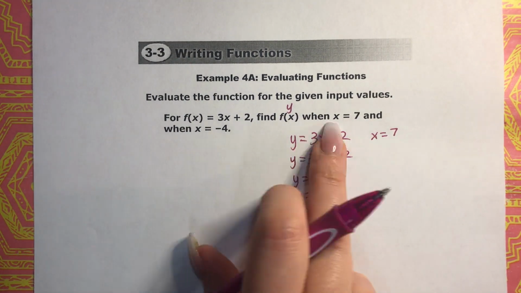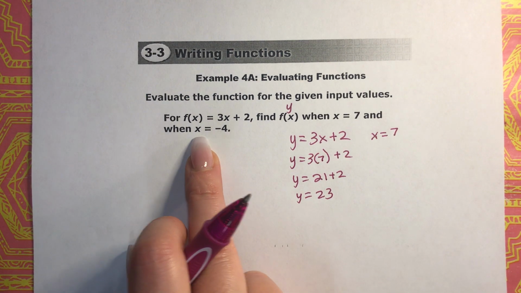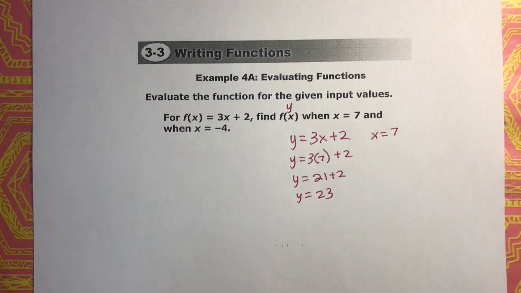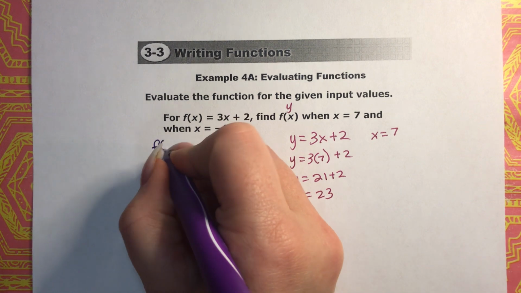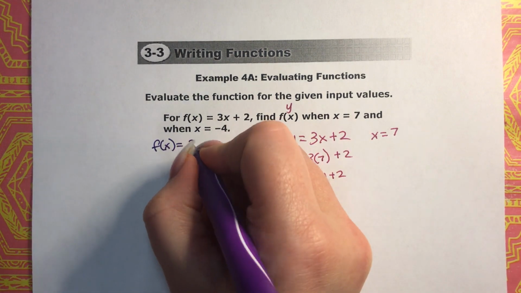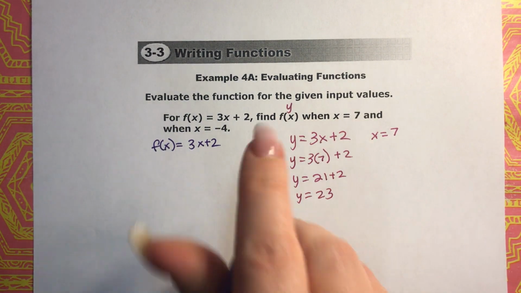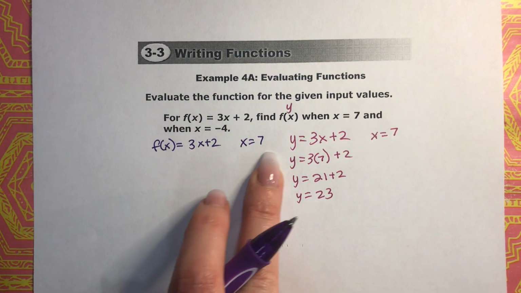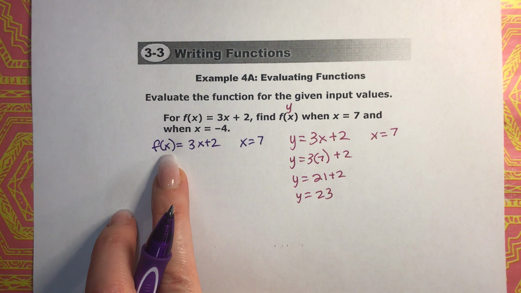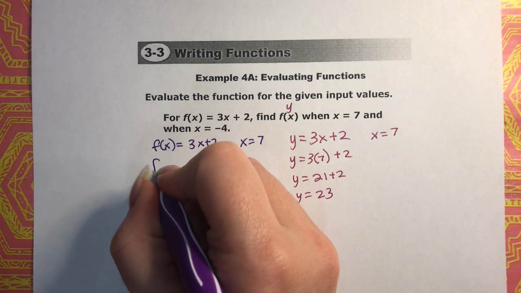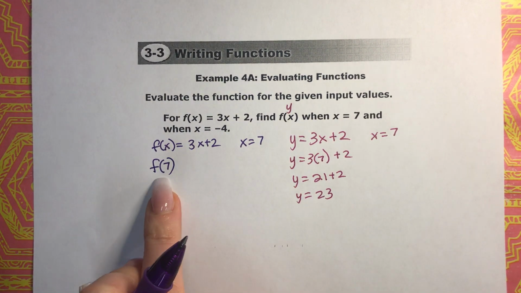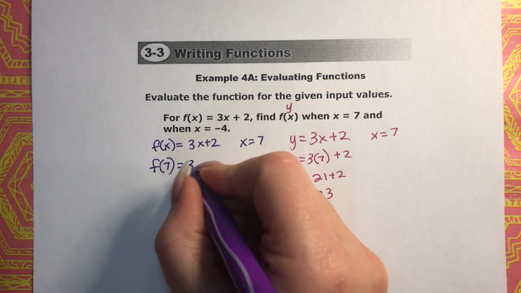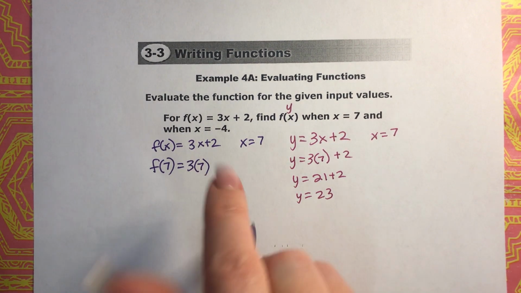We do the same process here when we're dealing with functions. We have our function notation here, f of x equals 3x plus 2, except we're going to figure out what f of x is when x equals 7. So we substitute 7 in here for x. So we're trying to find out what f of 7 is. We substitute 7 in for x there.